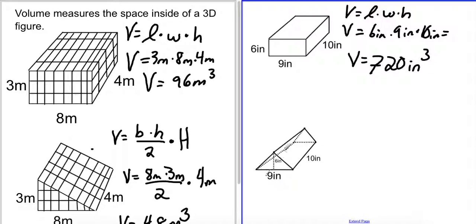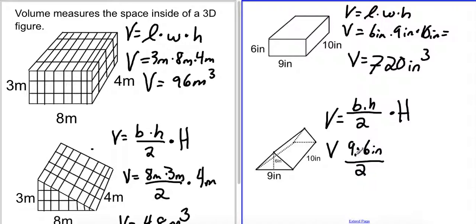Now, our triangular prism, which is half the size of our rectangular prism, is similar to that. So remember, we do base times height, remember this is lowercase h, divided by 2, and then we multiply that by big H, which is the height of our prism. So what we'll have is our base of 9 times the height of the triangle, 6 inches, and we're going to divide that by 2, and then we're also going to multiply that by the height of our prism, which is 10 inches.